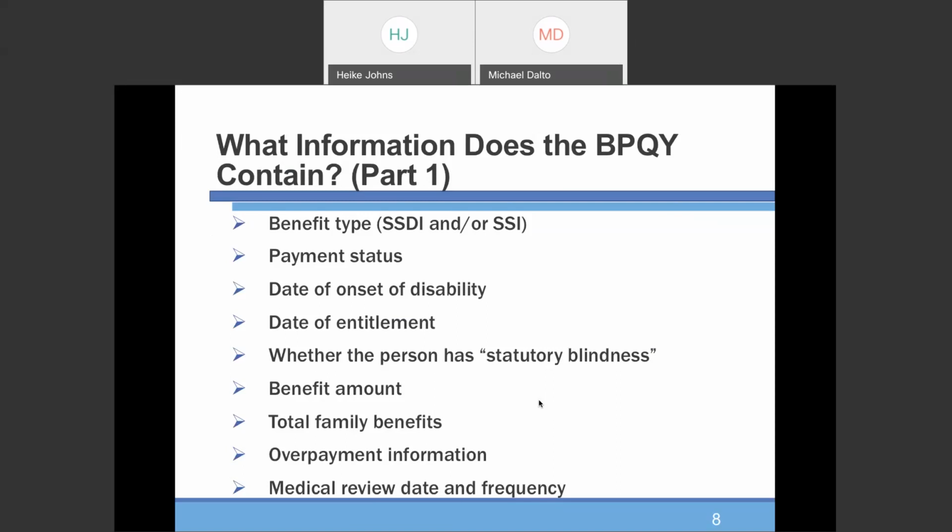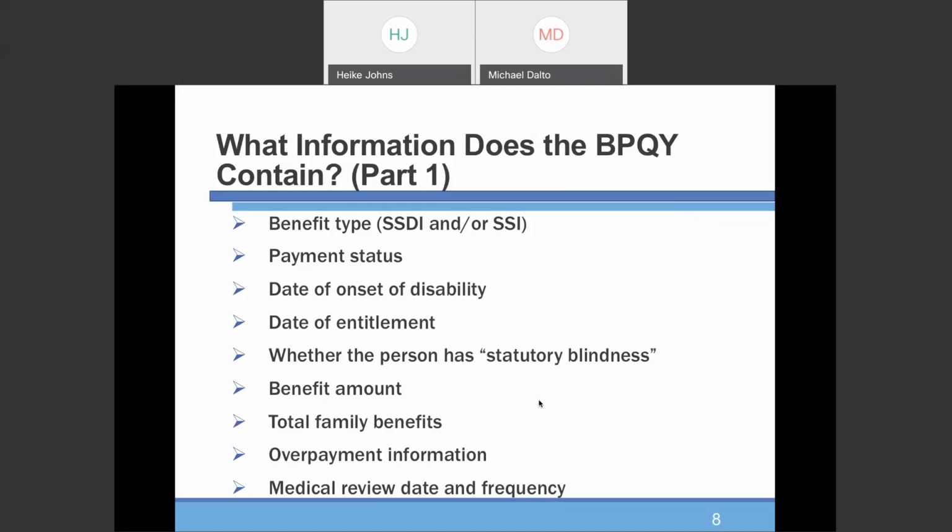If there is more than one person being paid on a single earnings record, the BPQY will show you the total benefits being paid to everyone being paid on that record, everyone in the family who's getting benefits, in addition to the benefit amount received by the individual you're assisting.